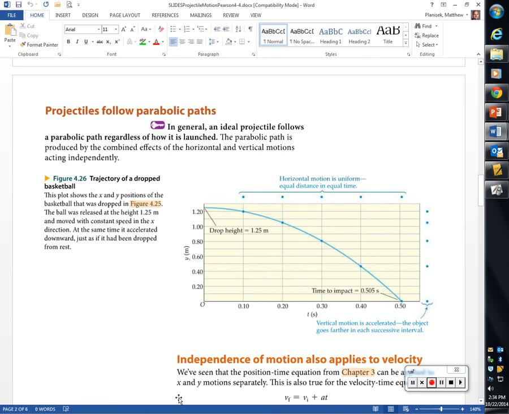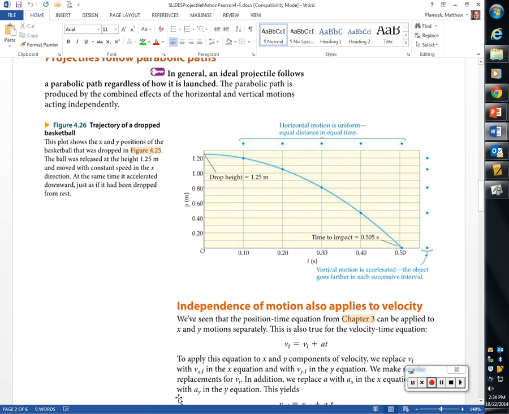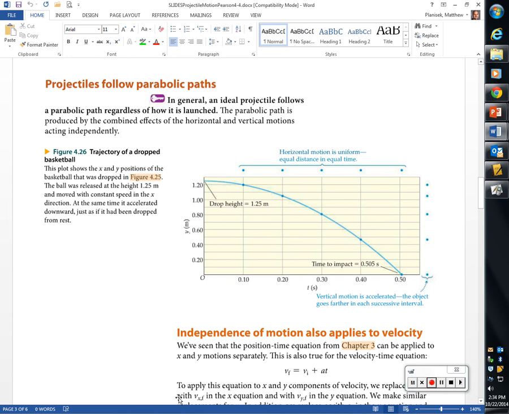Now, the curvature of the parabola depends on a couple of things. The biggest thing that it depends on actually is the horizontal velocity. Because vertically, it's always going to gain at the same rate because gravity causes it to gain distance on the vertical axis. So the curvature of this parabola really depends more on the horizontal speed than the vertical speed.